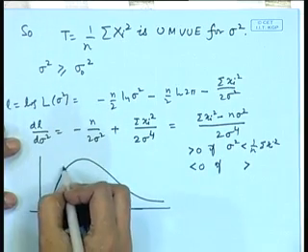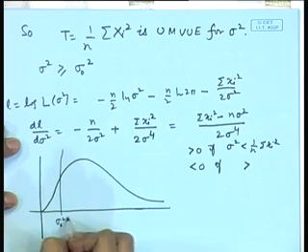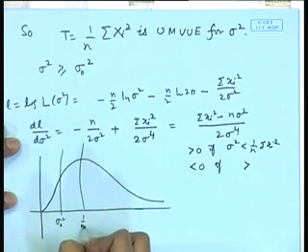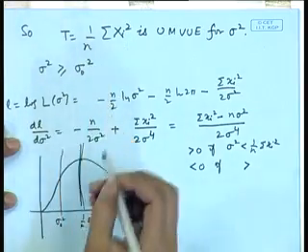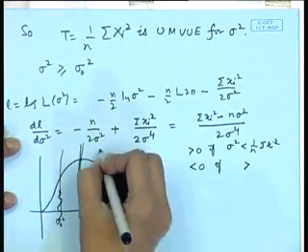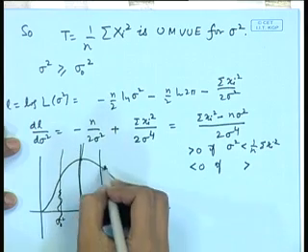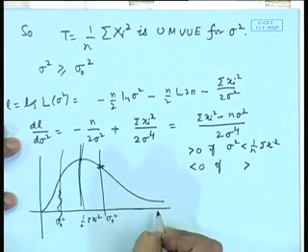Now, if sigma naught square is here and 1 by n sigma xi square is here, then this solution is all right. Whereas, if this value is on this side, then the maximum is occurring at this point.